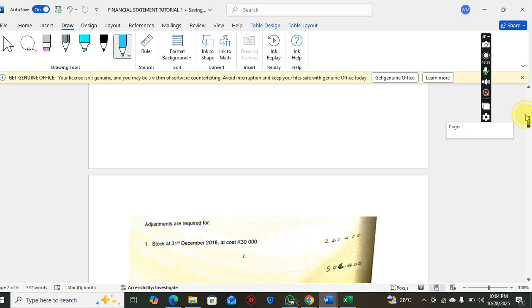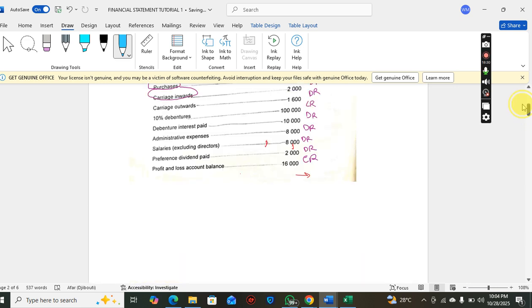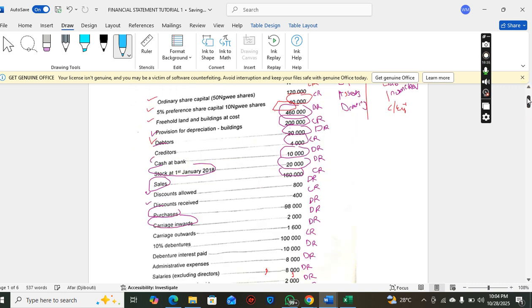Let's see where it was. Yes, the dividends are in ngwe. You can't jump from 15 ngwe to 25. There was a typo error. That would be 25 ngwe per share.